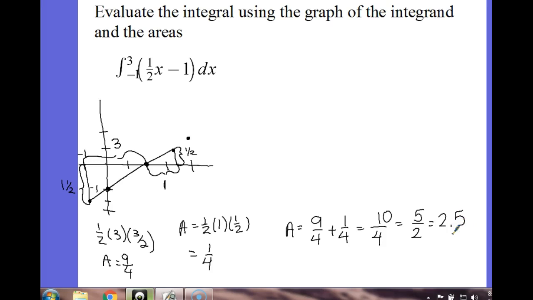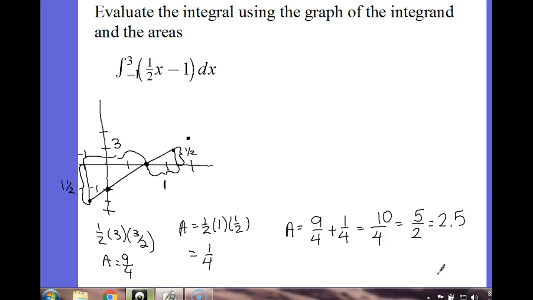Okay. That's what we're talking about, the difference between the two. Area is inherently positive. So I'm not writing this as the integral. This is the area, hence the A. For the integral, you're exactly right. I have to incorporate a negative. So the 9/4 is a negative area because it is all below.